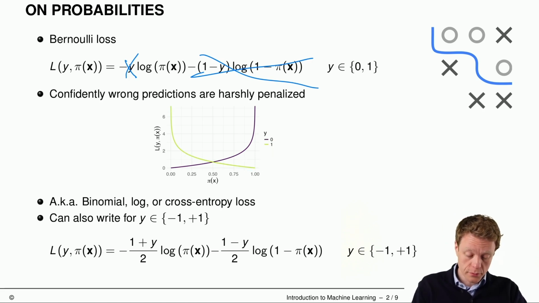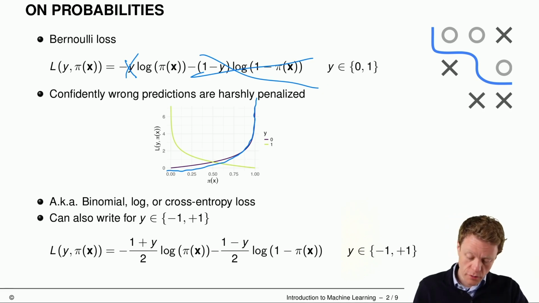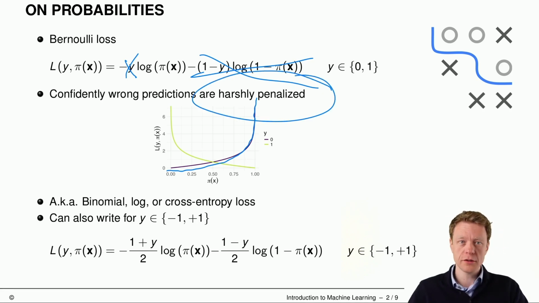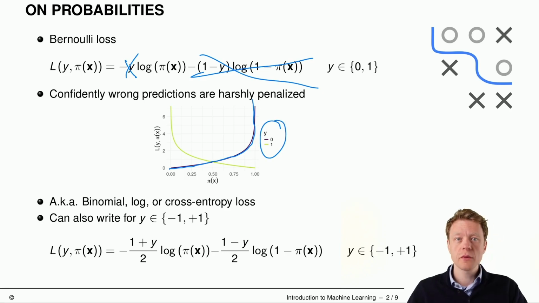And perhaps an important part to see here is that the log loss is not bounded. So these functions here grow infinitely. So there's no upper bound on this loss, so we very harshly penalize wrong predictions. Okay, why is this a wrong prediction? If we look at this line here, we assume that the true label is 0.